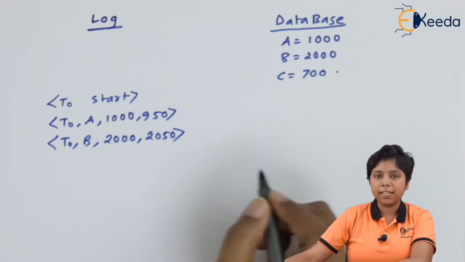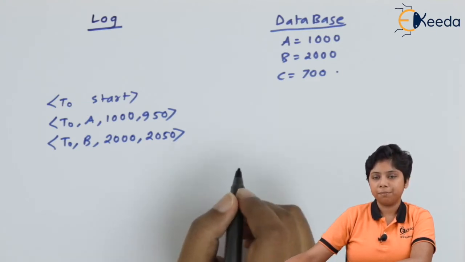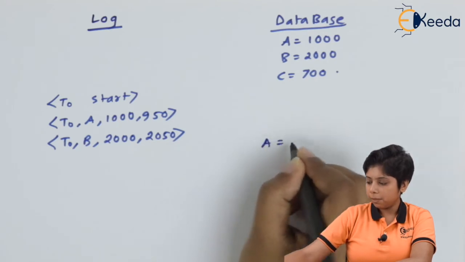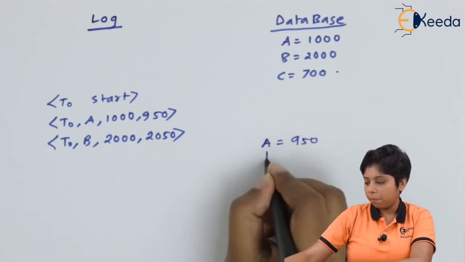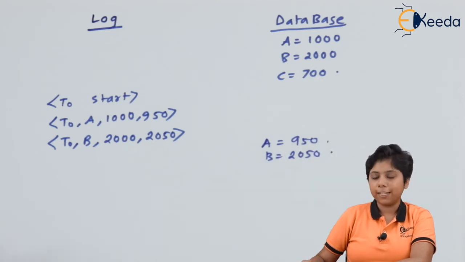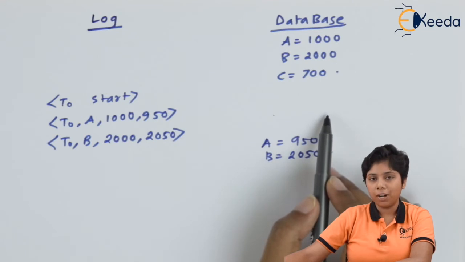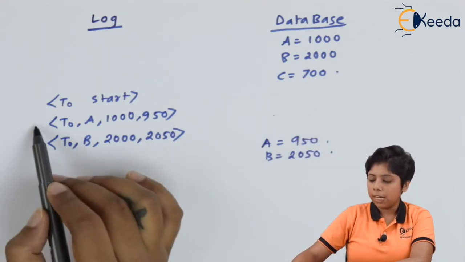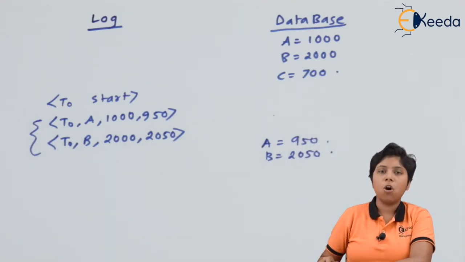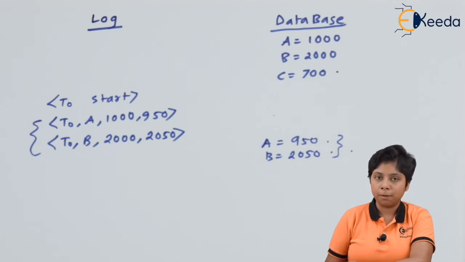Now with an immediate database modification, the database will be immediately updated. So my A becomes 950 and B becomes 2050. Now we can see that the database is not waiting till all the updates of the transaction are done, and only after that updating the value on the database, as in deferred modification.